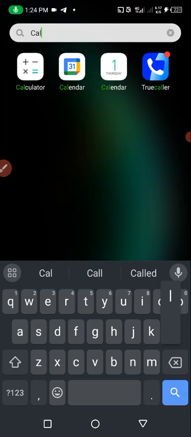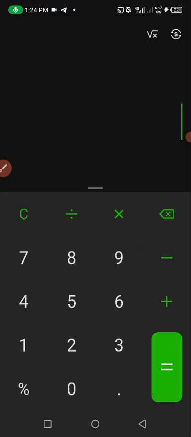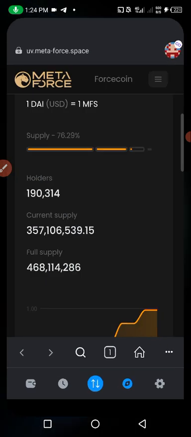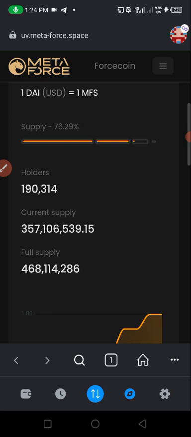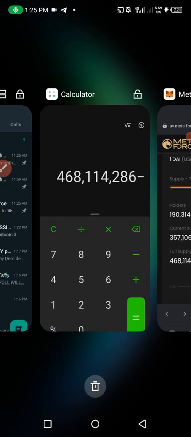Let's quickly use our calculator. Paste it, minus the current supply, total ForceCoin that has been bought on the pre-sale, 357,106,539.15.